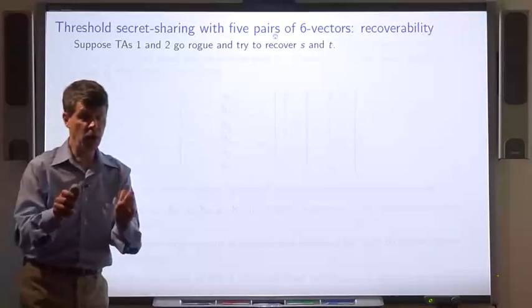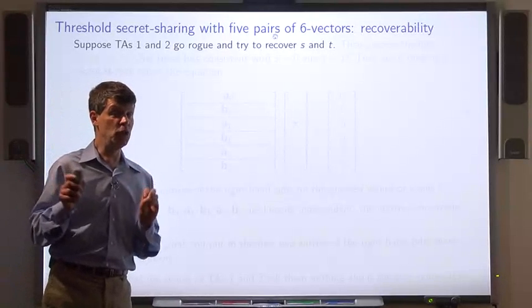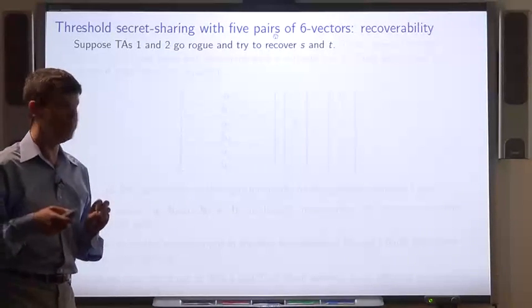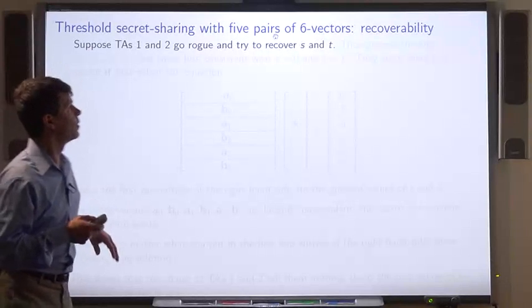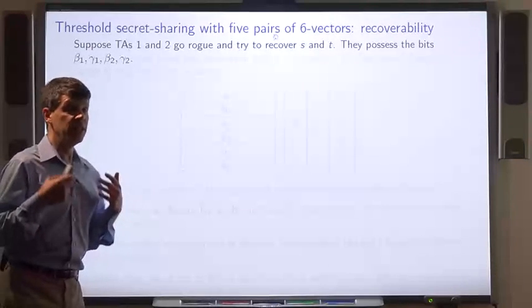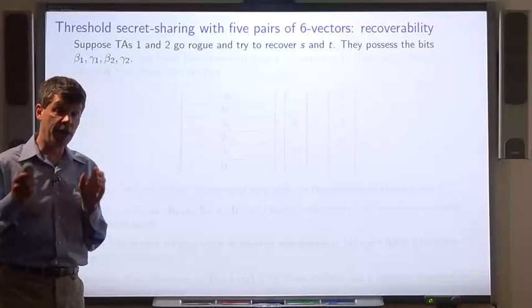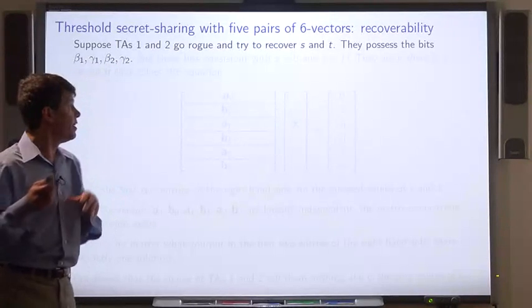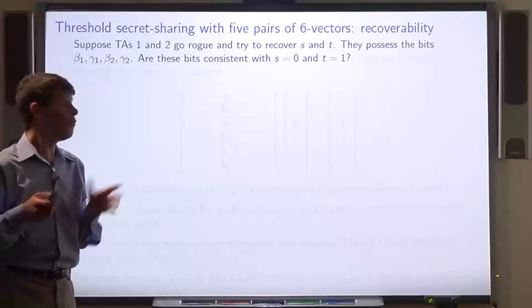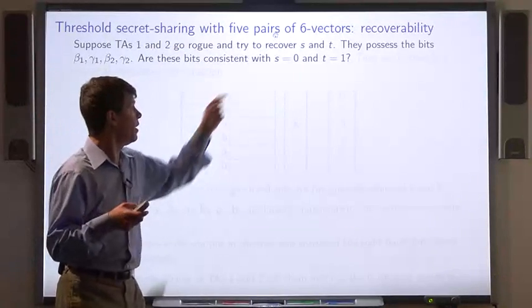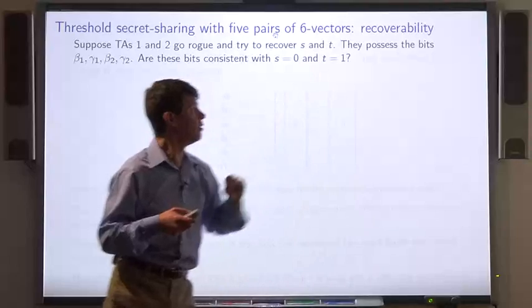On the other hand, suppose TAs 1 and 2 go rogue and want to discover the secret on their own. They possess the bits beta 1, gamma 1, beta 2, and gamma 2. Are these bits consistent with all the possible secrets? For example, are they consistent with S being 0 and T being 1?